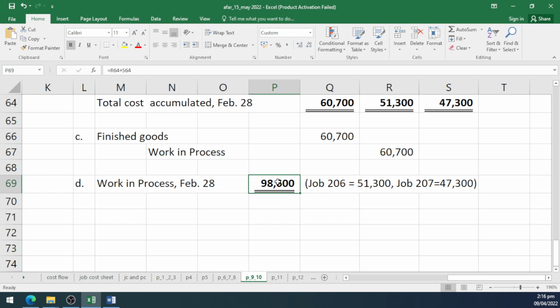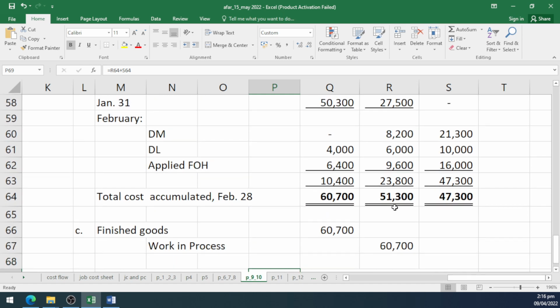Then each job, there will be analysis magkano ang DL, DM, at saka overhead. Etong 27.5 na beginning, may analysis din yan, class, ha? Magkano ang DM, DL, tsaka overhead. Kasi pag in-accumulate mo yan, ito total mo, pwedeng itanong, magkano ang total direct materials for the job?